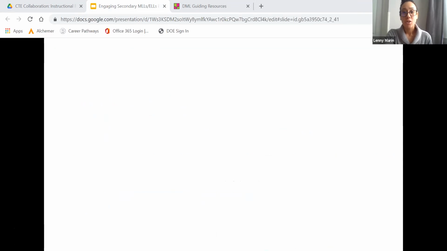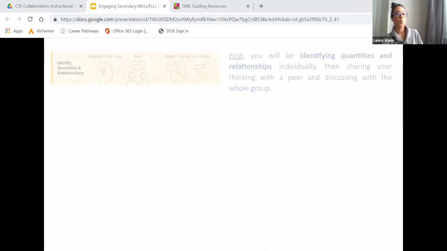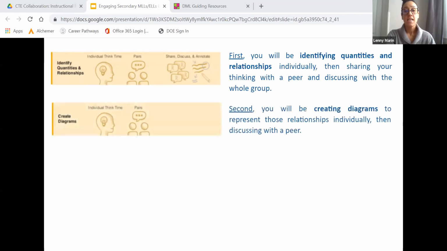As I explain the parts of the routine, I want you to pay attention to the sequential language that I am using, underlined for you, which indicates the order in which things are going to happen. For the first part of this routine, you're going to be identifying quantities and relationships individually. Then you're going to be sharing with a peer, and then you'll be coming back to the whole group to discuss.